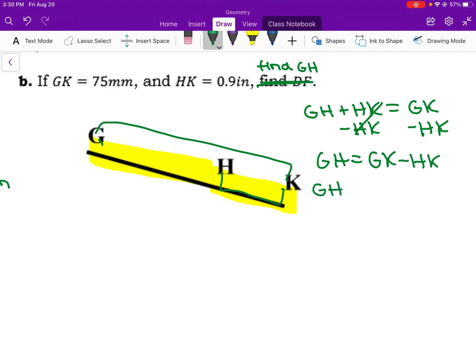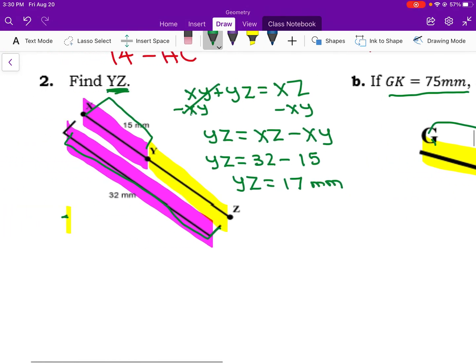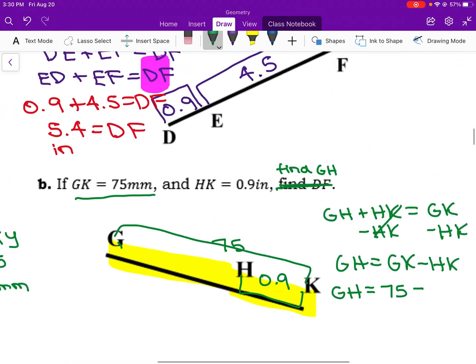I'm looking for GH, and they're telling me that GK is 75, right? This is the full length of this line segment, 75 millimeters. And HK is given to me as 0.9 inches. Wow, we have a mix of units of measurement here too. I think that was a typo.